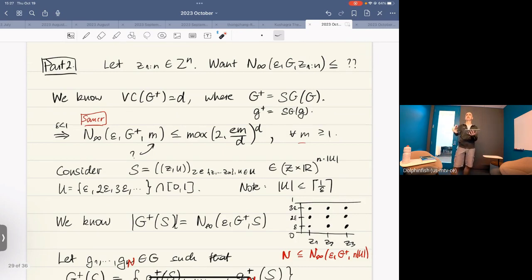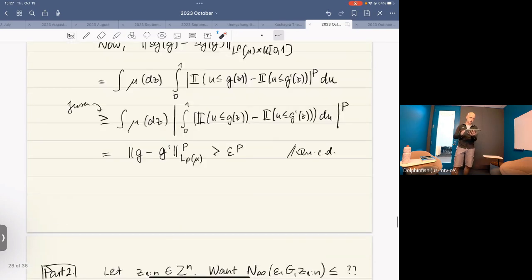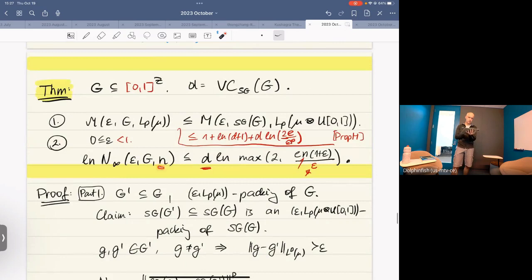This is what we are trying to upper bound here. n was the input: the bound that we are trying to prove has n in it. We want to show that this doesn't grow too fast with n. So n was fixed. We fixed the points Z1 to Zn, and now we are proving the upper bound just for Z1 to Zn. You can take the supremum over Z1 to Zn, and you get the bound at the end.